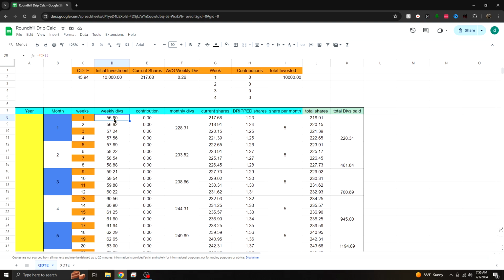So if you didn't contribute anything, and you just drip this right back into itself, you'd get 1.23 shares. And then after dripping, you'd have a total of 218 shares.